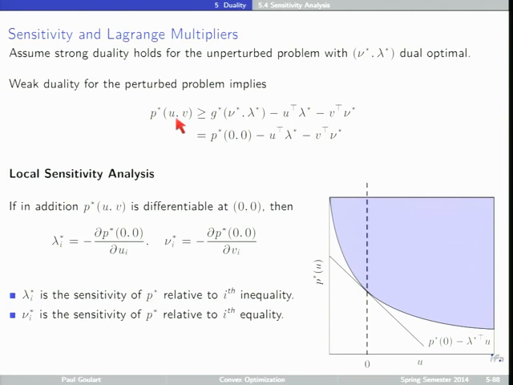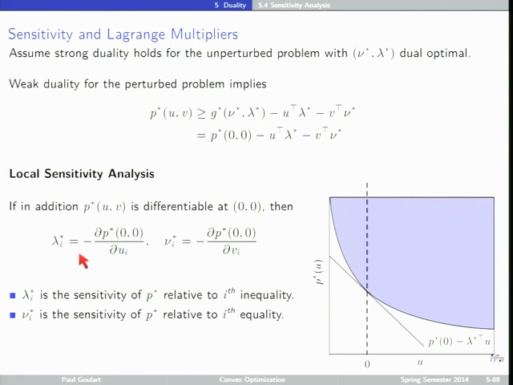Then what I would find is that if I differentiate that function at the point 0, or if I linearize about the nominal problem, then the inequality multiplier tells me exactly the rate at which the cost will change.